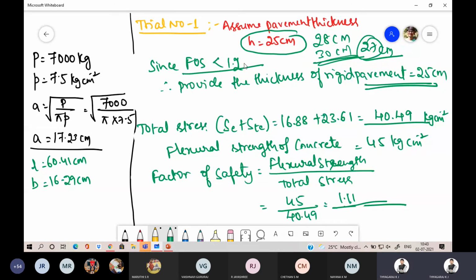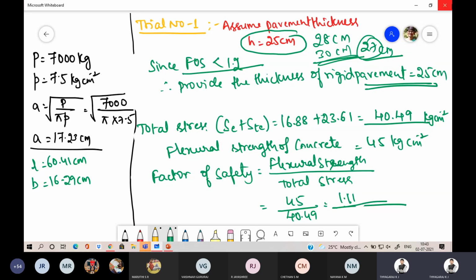Any doubts in this? So we will solve some more problems on this, using edge stress equations, and later on we will go for the IRC 58 2002 method. Okay, up to here I hope everything is clear from my end. So we will be moving to IRC 58 2002 on Monday or Tuesday.